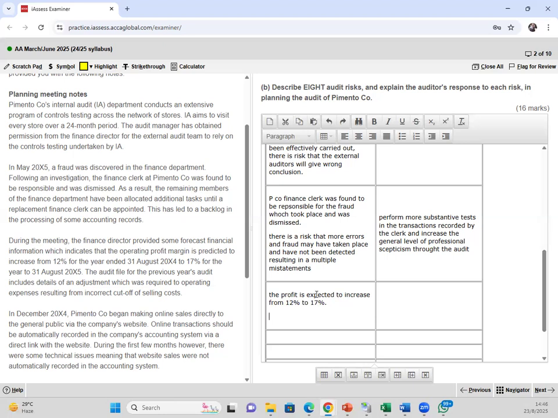Then, again, this one, there is no profit. There is no accounting treatment, but maybe we can just talk about the prudence concept.